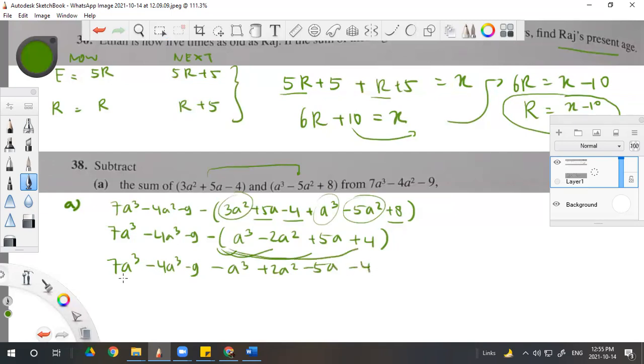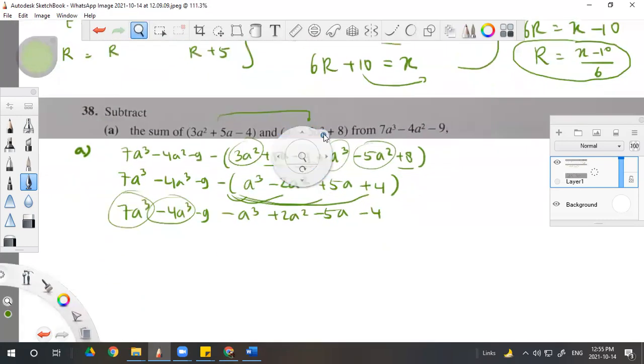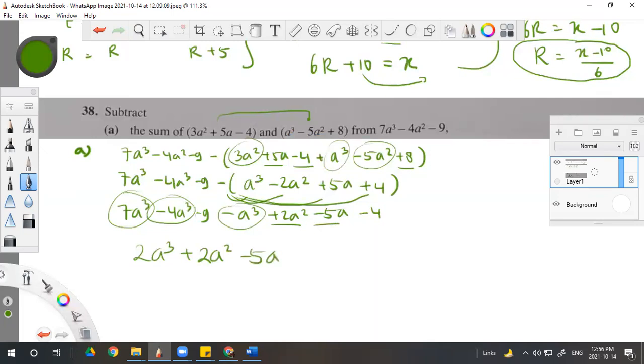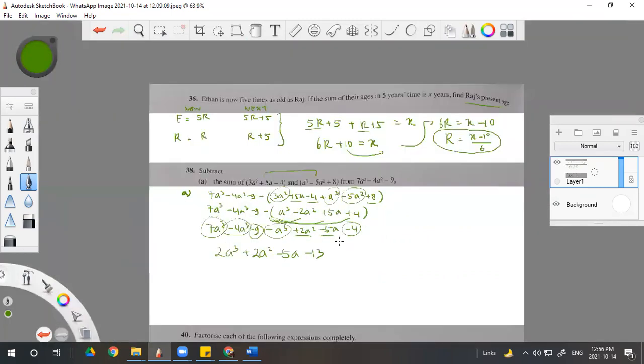My goodness. So, like terms again. Masih ada nih. 7A cubed minus 4A cubed, 3A cubed. 3A cubed minus 1A cubed is 2A cubed. Plus 2A squared. Taruhnya A squared dulu biar enak. Minus 5A. And then minus 9, minus 4, minus 13. Done.